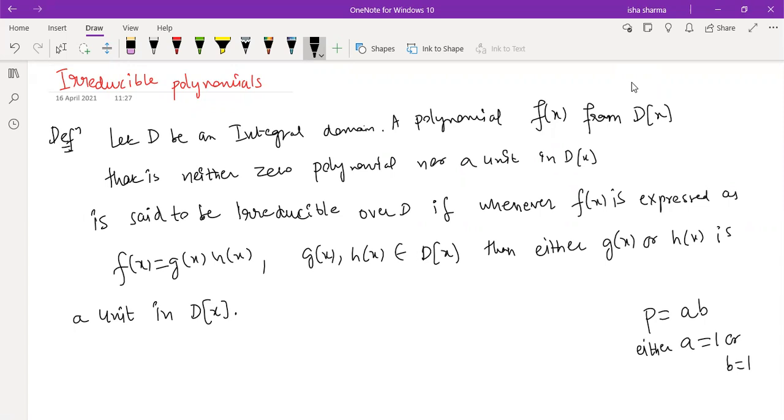And otherwise, means if it is not irreducible, so means the other definition. Okay, let me not write it this way. Let me give you a definition of a reducible polynomial.